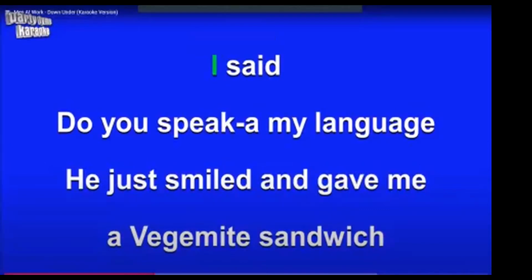Question, what's Vegemite? It's like vegetarian? Everyone agree with that? Yes. What's in a vegetarian sandwich? That it doesn't have meat. Everyone agrees?